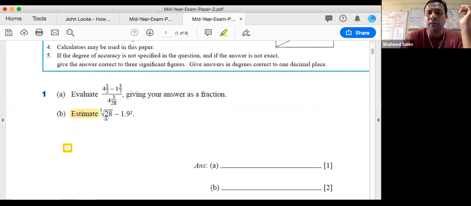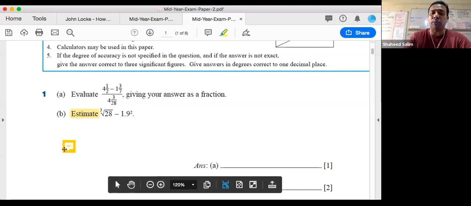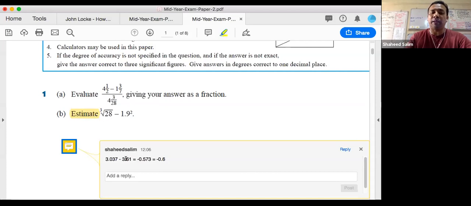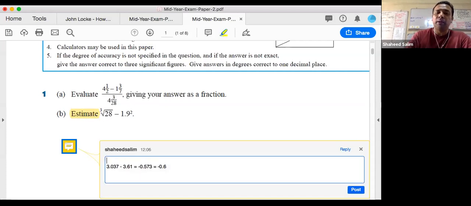So you know that 3 times 3 times 3 is 27. Instead of 28 you think of 27, but there are no clear signs for this. And 1.9 they make it 2. So without using calculators, to make it fair to the students, mentally estimate.